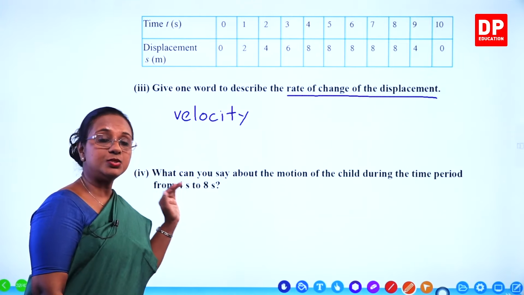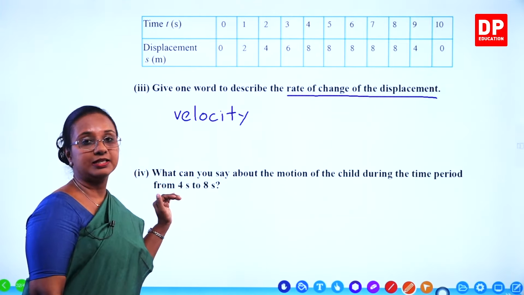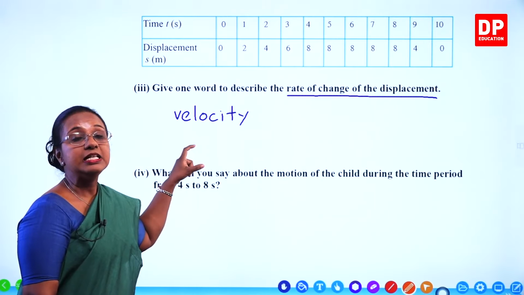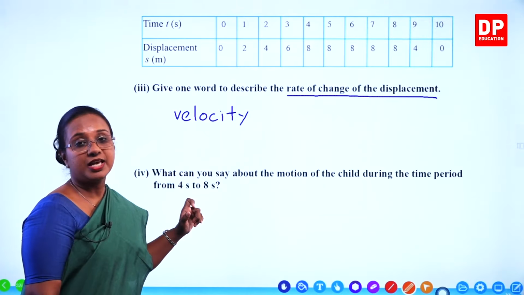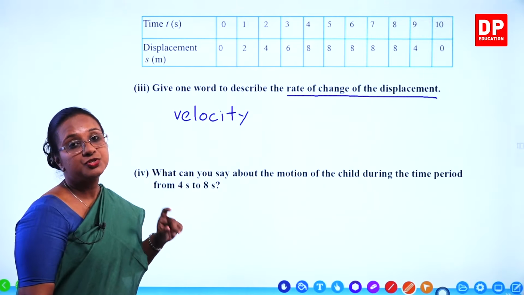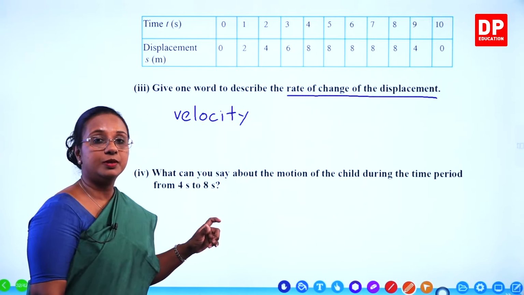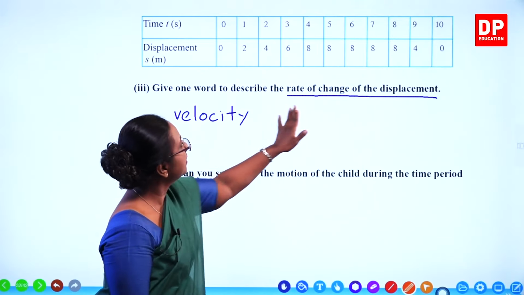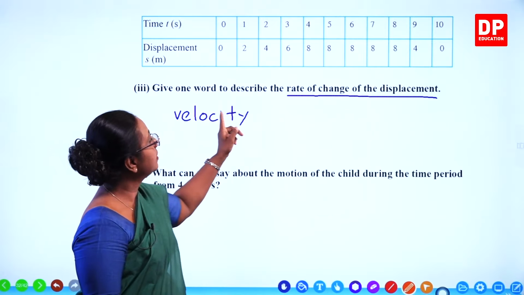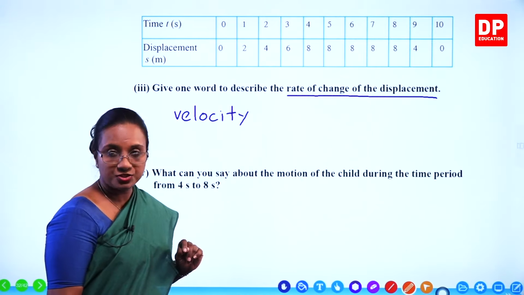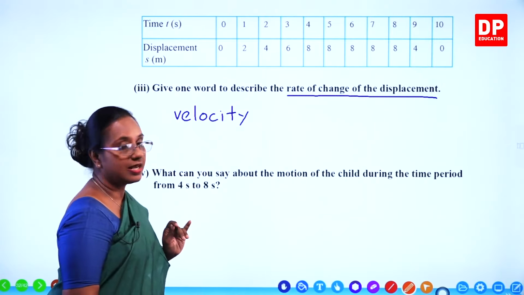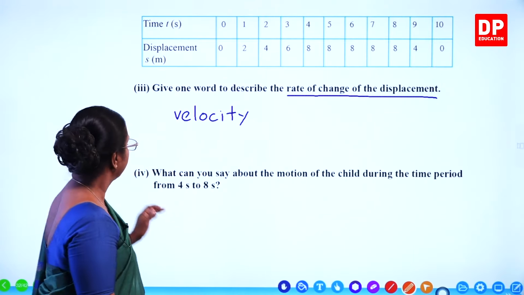And since we have already calculated, if they ask you for the specific instance, first 4 seconds, then of course you will have to include the word uniform. But here it is a common question. Give one word to describe rate of change of displacement. So, therefore, you can write it as velocity.